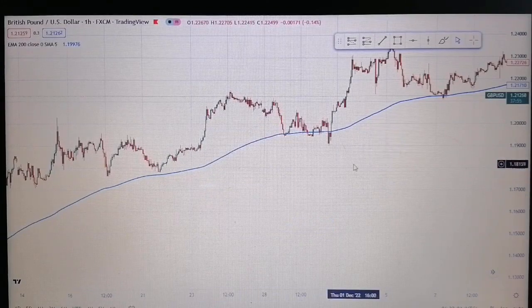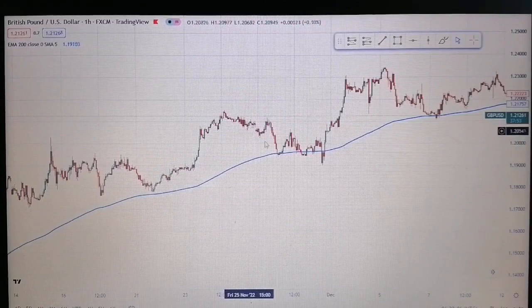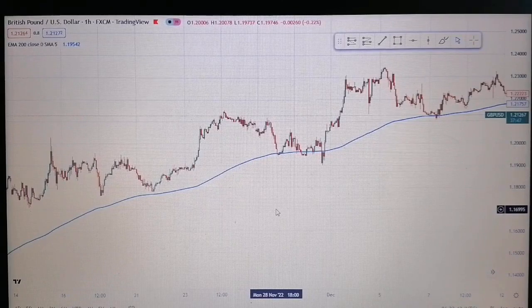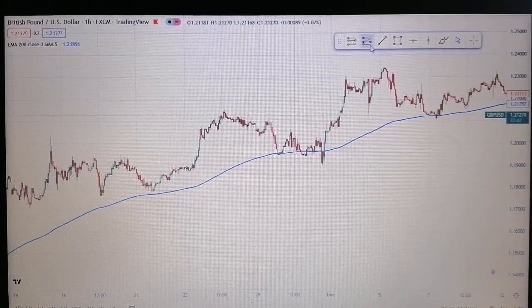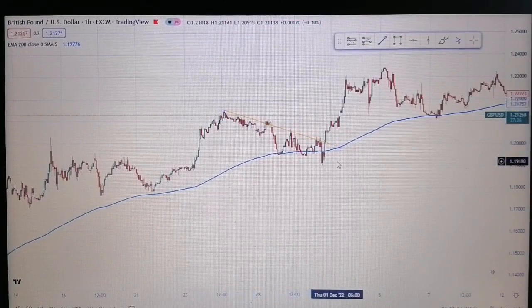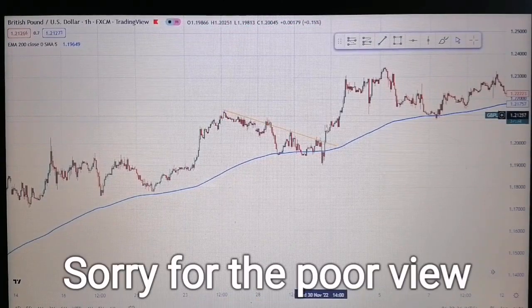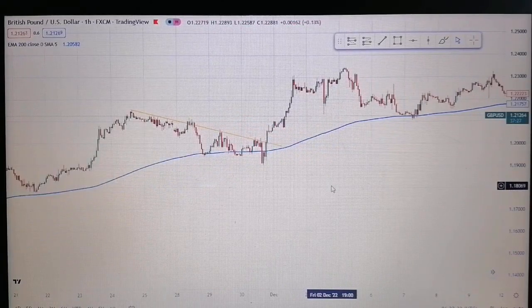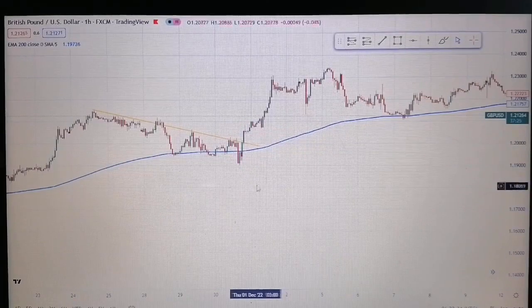What you do here, on an uptrend, or if price is above the 200 period moving average, you are only looking to buy. And for your entries, you just have to draw a simple trend line like this. You draw a trend line and then you wait for price to close above the trend line you have drawn, and make sure that price closes above the trend line with a full candle.